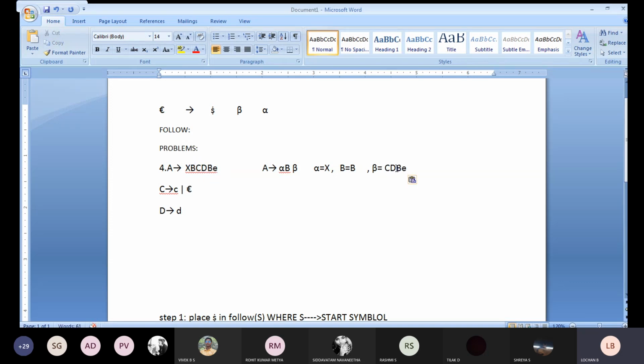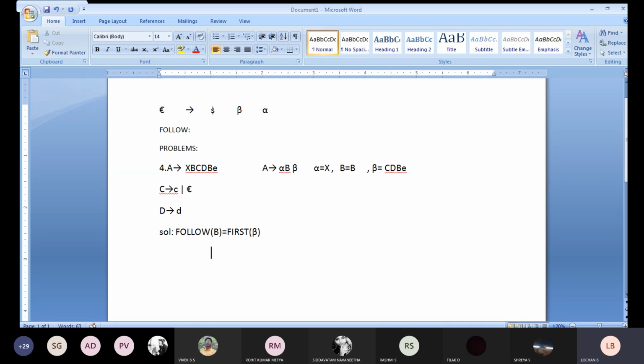So for this, you will be solving the problem in two ways. I'll show you the first way. In this particular case, solution: as usual, you know, follow of B is equal to first of beta. Can you tell me what is the beta value in this particular case?